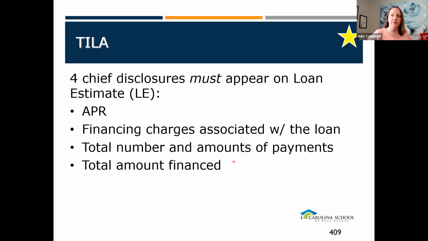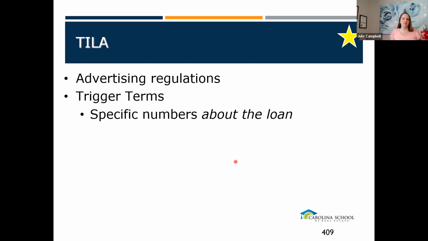TILA also puts advertising regulations on the lender. There are certain things that the mortgage lender can and cannot advertise. They need to be careful with any of their ads. Specifically, TILA says that they need to be aware if they hit any trigger terms.